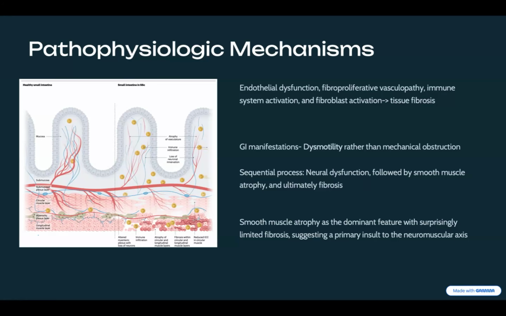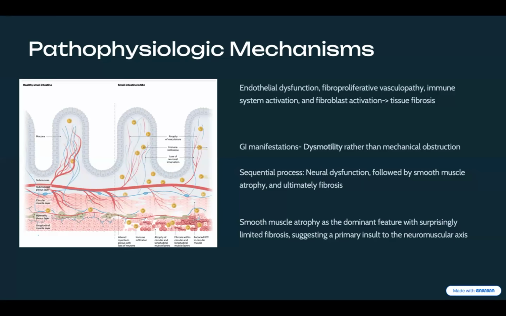findings of the patient. So in addition to the vasculopathy and the tissue ischemia fibrosis, the one that stands out in GI manifestation is the neuronal dysfunction, especially the enteric nervous system, autonomic, whether it is the vagal nervous system or the sympathetic neural system. It's predominantly a neurological system involvement, smooth muscle atrophy, and later on fibrosis.